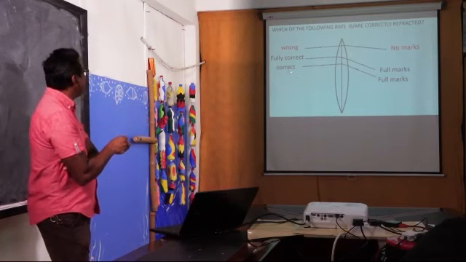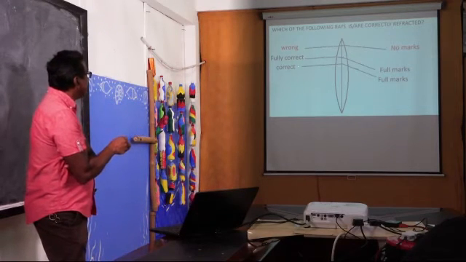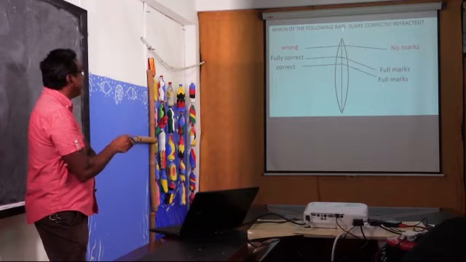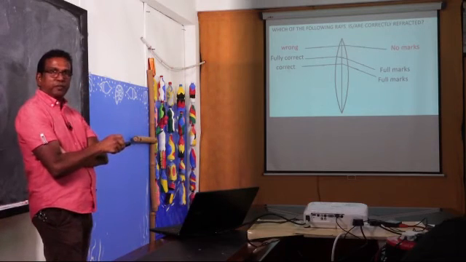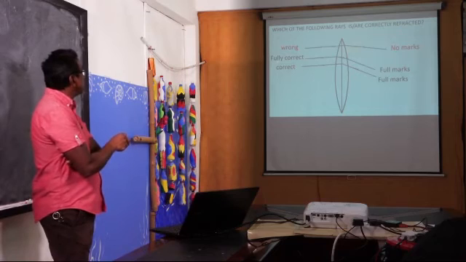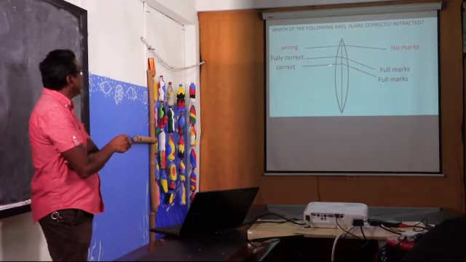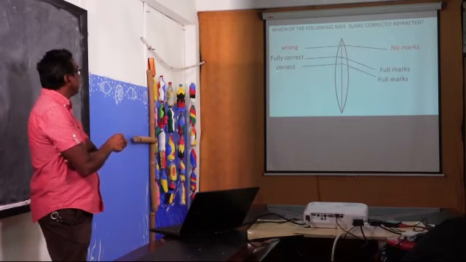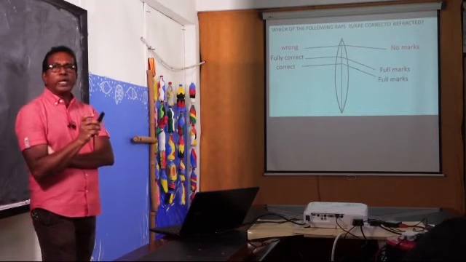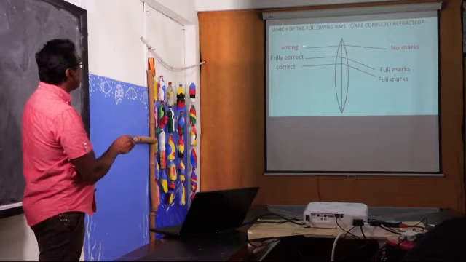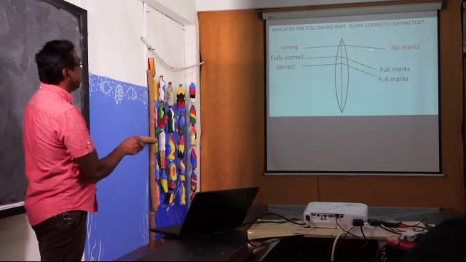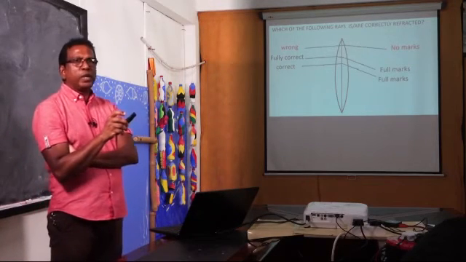But we do accept the ray of light going up to the mid-vertical line and then getting refracted. So in an examination, even if you start refracting your ray from the mid-vertical line, you will get your mark. But if you start your refraction from the edge of the lens, you will not get marks.